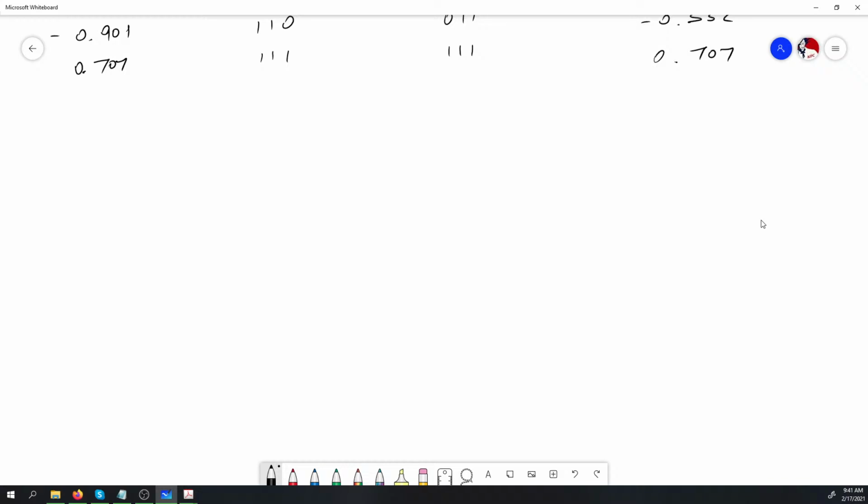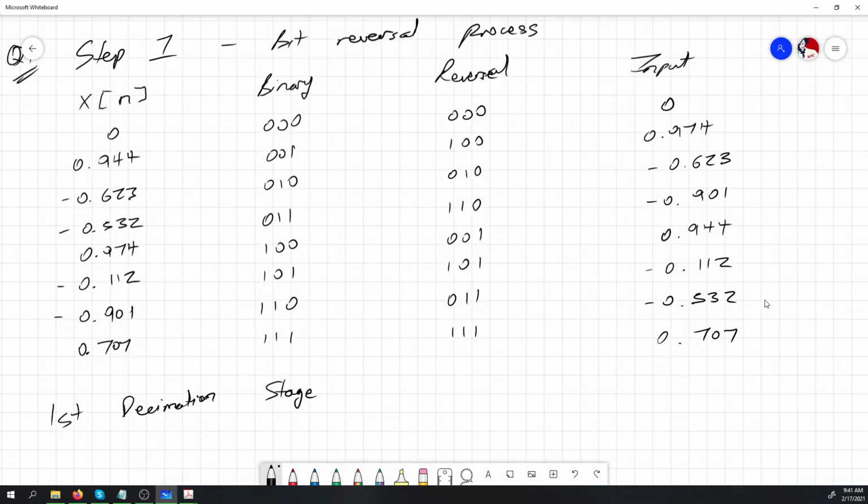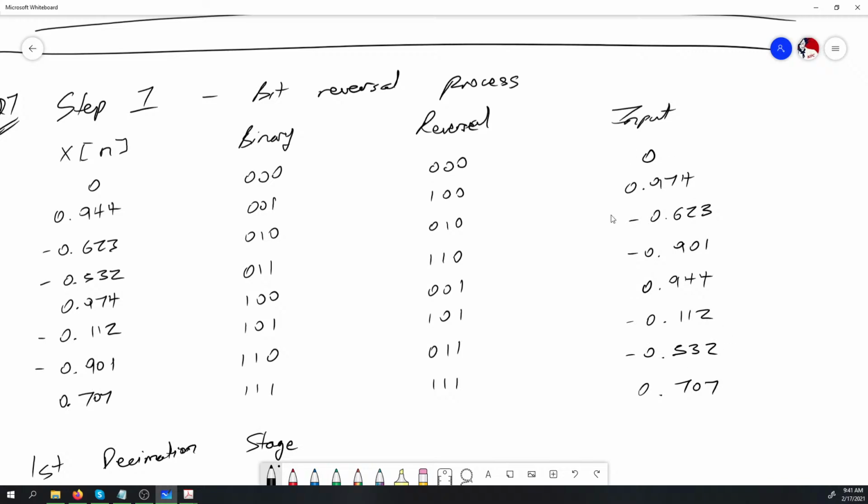So we can move here to our first decimation stage. The left hand side of our first decimation stage is going to be the input to our FFT as a result of the bit reversal process.